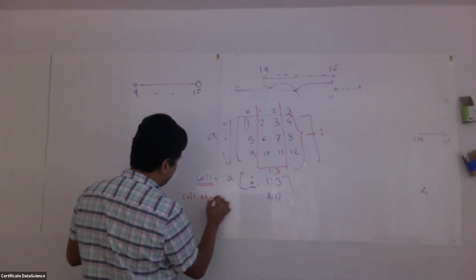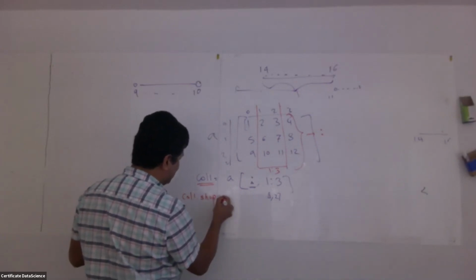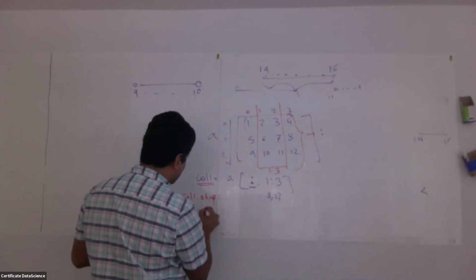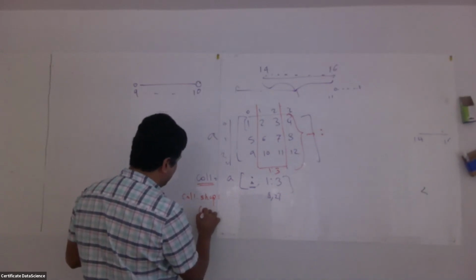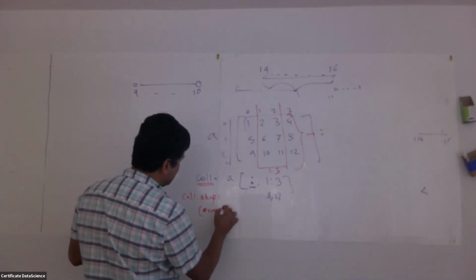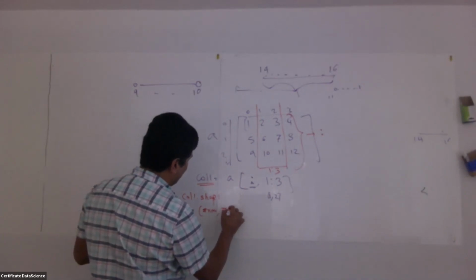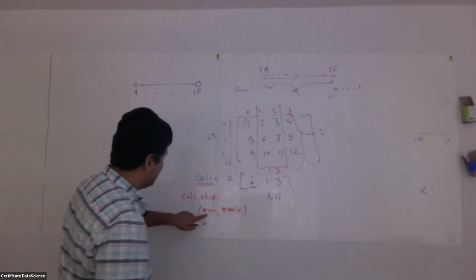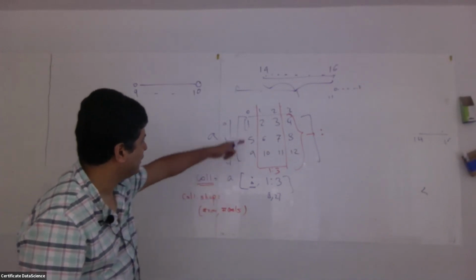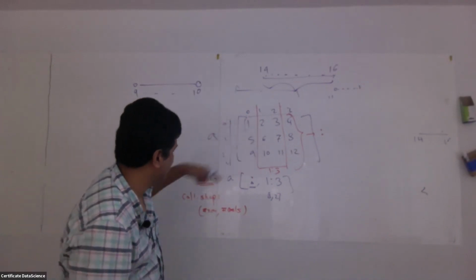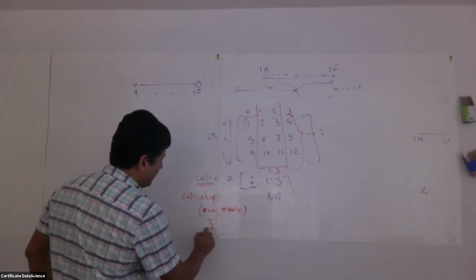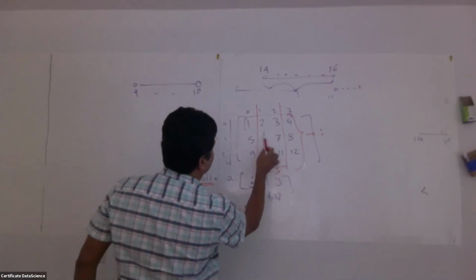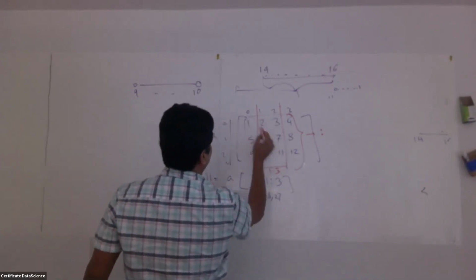Shape has two values, right? 0 and 1 value. The first one should tell you the number of rows. The second value should tell you columns. Look at the number of rows: 1, 2, 3. 3. Number of columns: 1, 2.